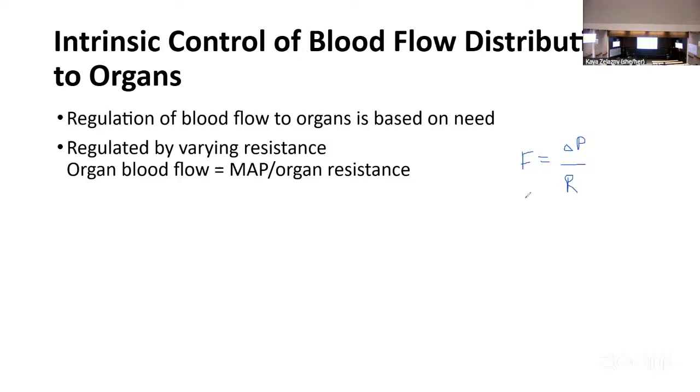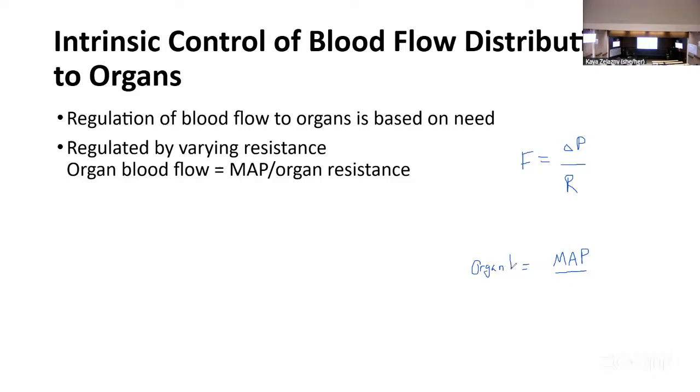But now we're just changing a little bit what we sub in for these variables. So we can assume that our blood pressure in this situation, unless I tell you otherwise, is going to stay the same. So we'll leave our difference in pressure as being essentially our mean arterial pressure. But now that we want to know how much blood is going to an organ, right?